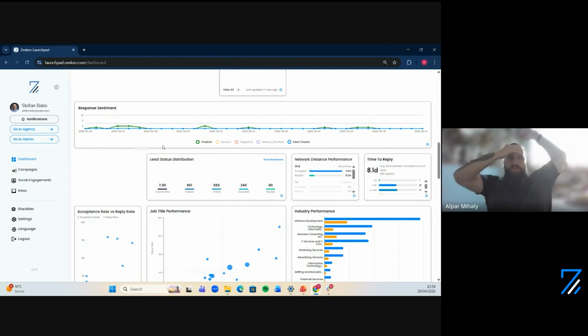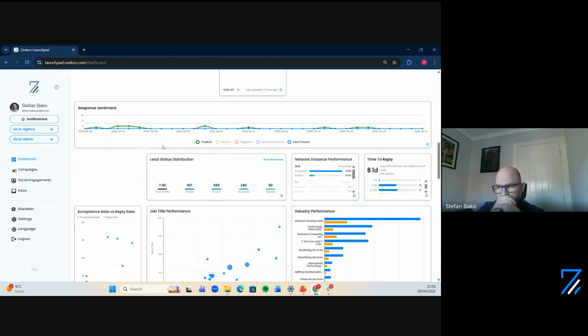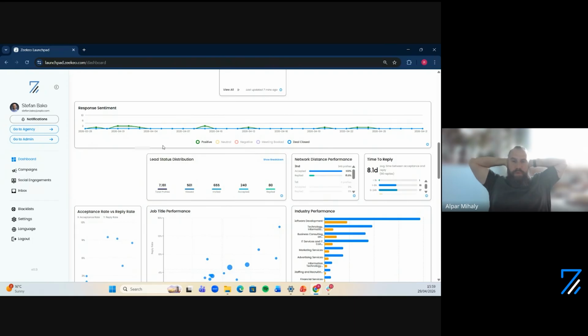No, actually, no questions, but this was quite useful because I just faced the same thing. We started 2 campaigns, and we have quite a high rate of acceptance, but very low rate of replies. And even out of the replies, I believe only 1 is positive for the moment. We were trying to understand what is not working.